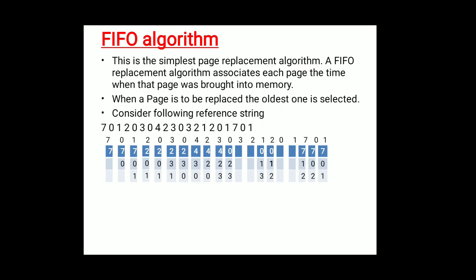In this, the page which entered first will be replaced first. In simple words, as the name indicates, first in first out, whichever page has entered first will be replaced first. Let's consider the following reference string which comprises 7, 0, 1, 2, 0 and so on.